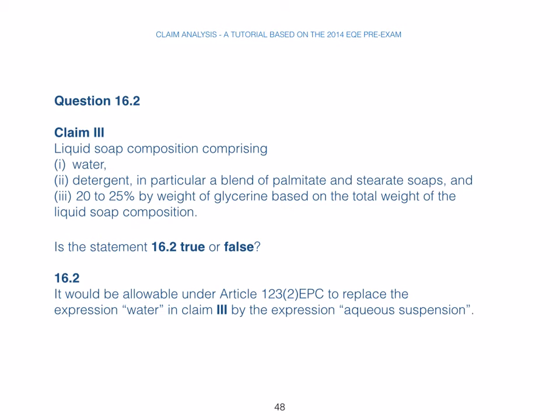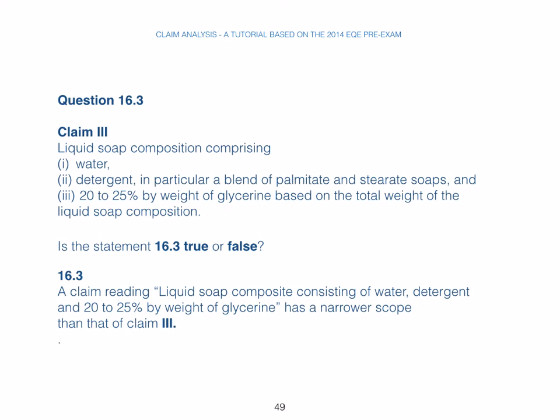Now, to answer this question, we also must consult the description to find out if there is a basis for aqueous suspension. So scan the description to find a basis for aqueous suspension and to see if that provides a proper basis for amending the claim. Good. You answer true or false and we go to the next question.